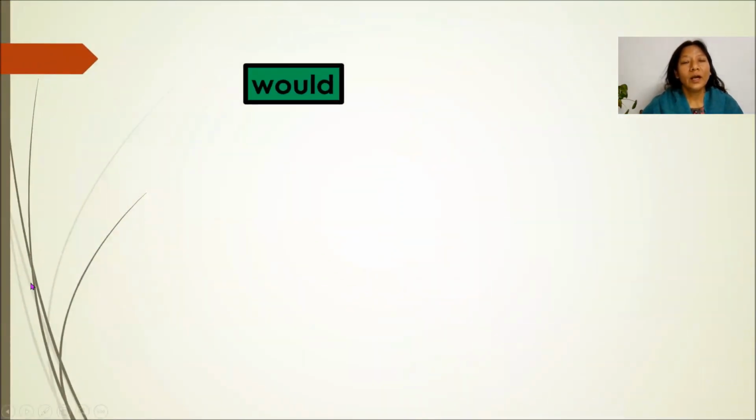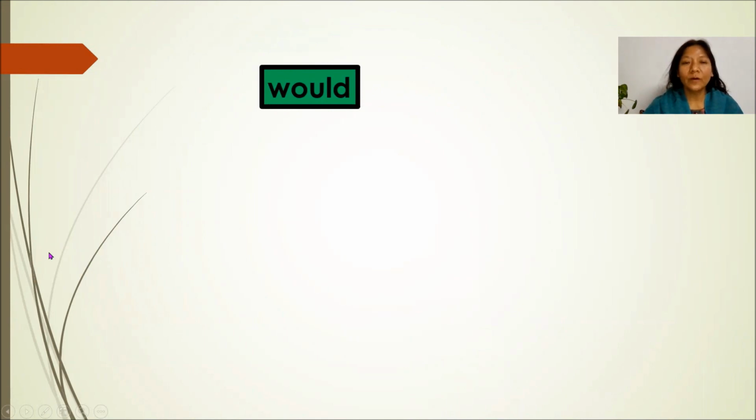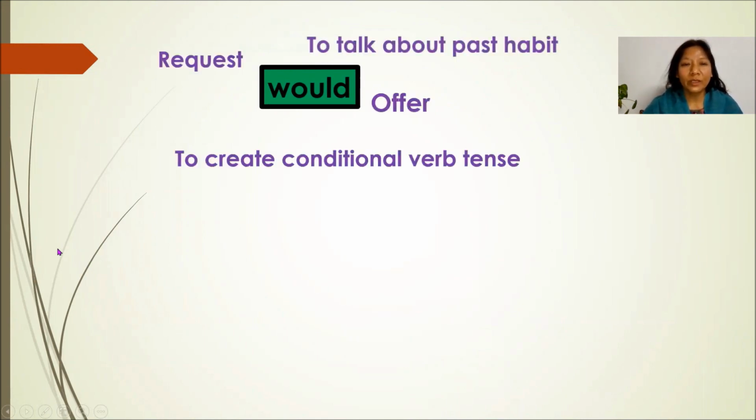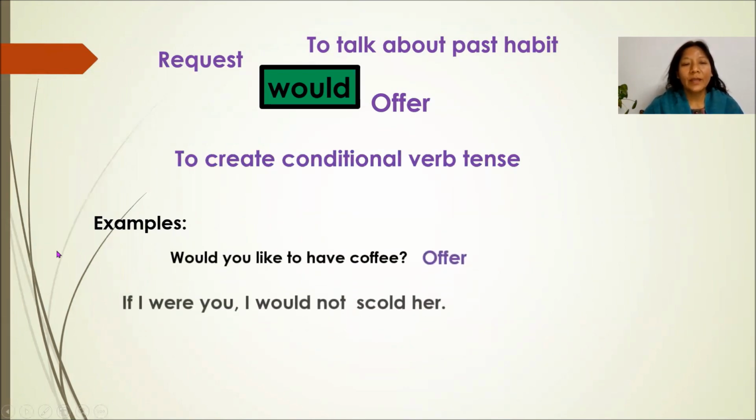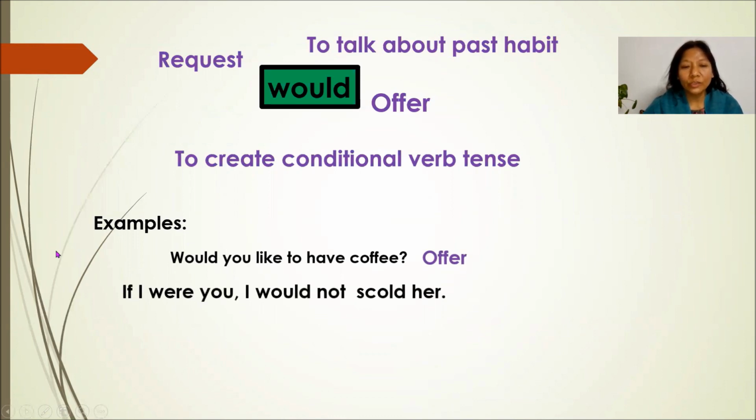Here, another modal verb is would. Would is used to make a request, to talk about past habit, to make an offer, and to create conditional verb tense, okay? For example, here, would you like to have coffee? This shows offer. Okay. If I were you, I would not scold her.